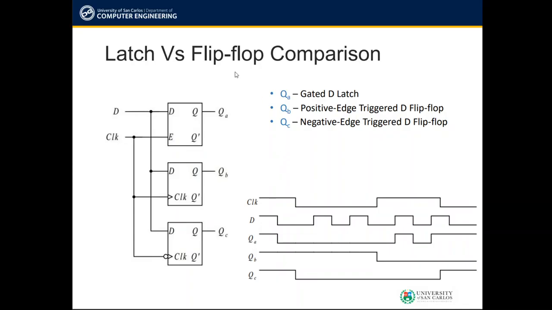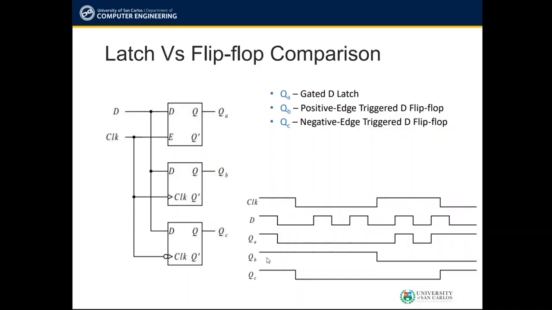So how about our flip-flop? In the flip-flop, it is edge sensitive. In this case, we have here a positive edge. So what we want is to look for a positive edge part of your clock cycle. Since that is positive edge, we don't look for the high to low, but we want to look for low to high.